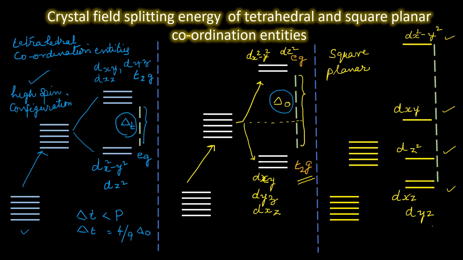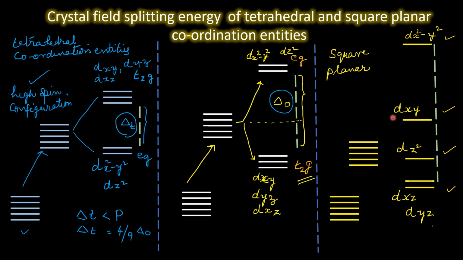Now we have to explain why the energy splitting pattern is like this. Dx square minus y square orbital has the greatest energy because it is pointing directly towards the approaching ligand. So there is a lot of repulsion. Because of this repulsion, its energy gets boosted up tremendously.